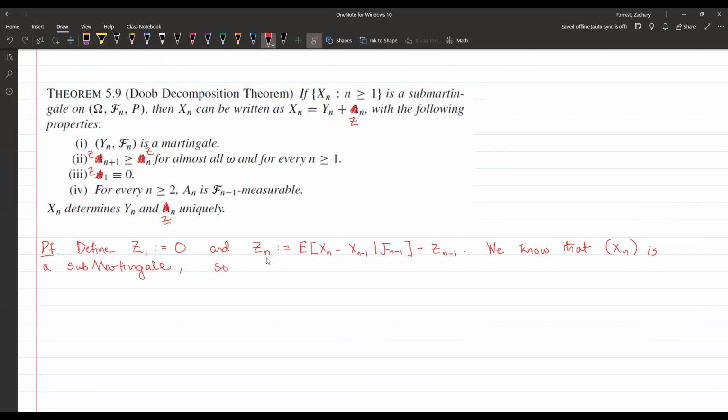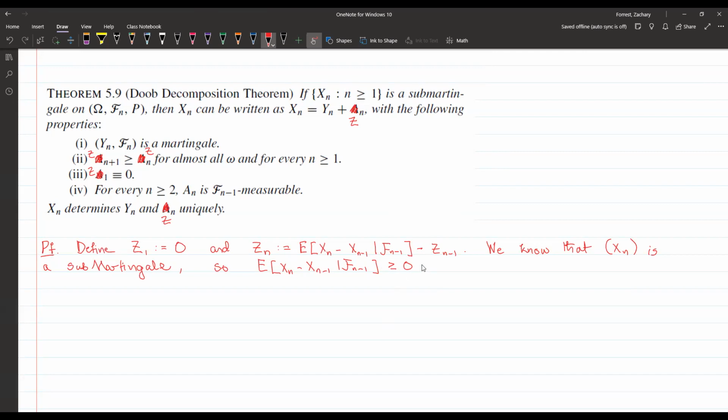So as a consequence, when I take the expected value of Xn minus Xn minus 1 with respect to the previous sigma algebra, it turns out that we can use a little bit of the linearity and the absolute value properties of conditional expectation to show that this is automatically greater than or equal to 0.